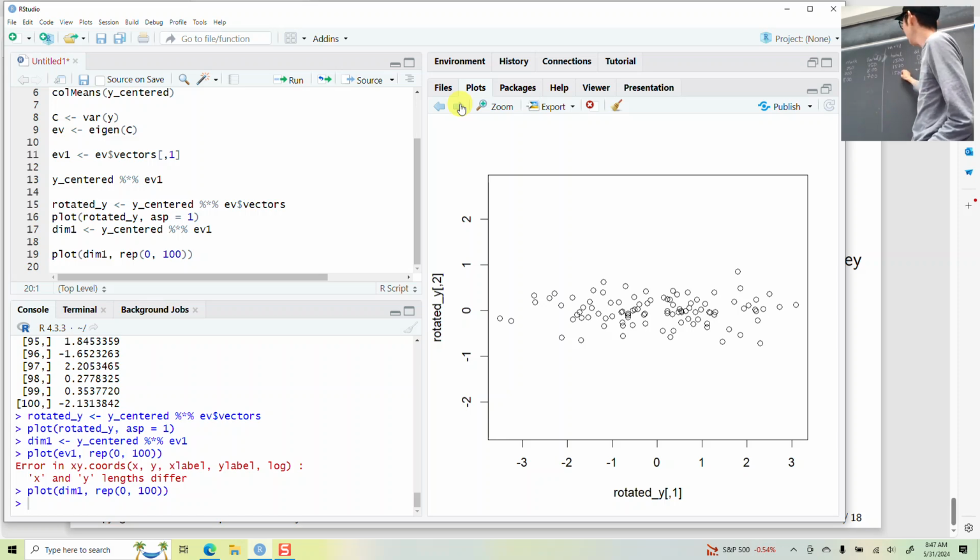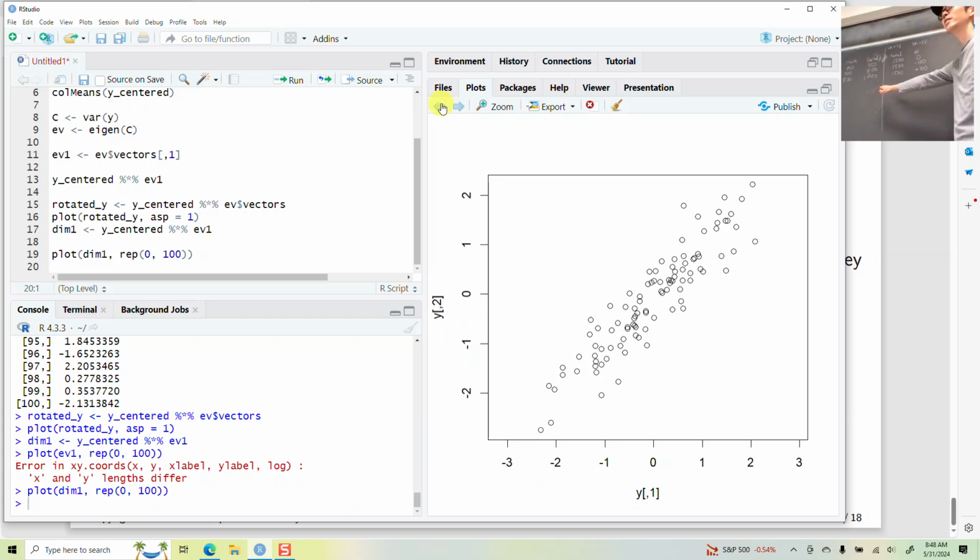And if I presented this information to you, and I presented this information to you, these 2 things contain the exact same information. Okay, this is the original data, looking like this. And this would be the rotated data.